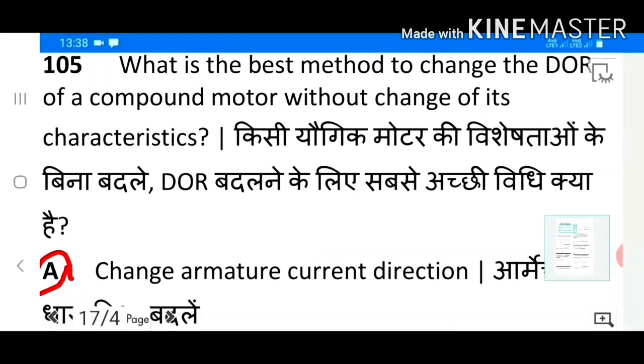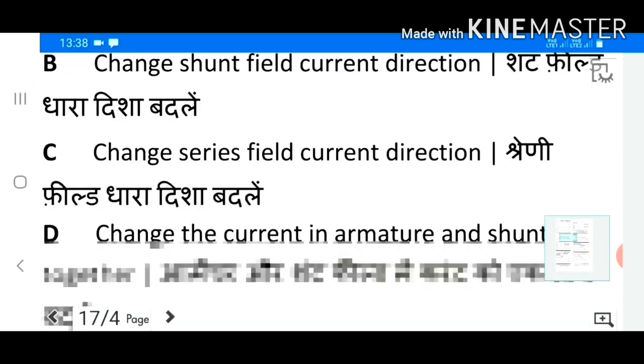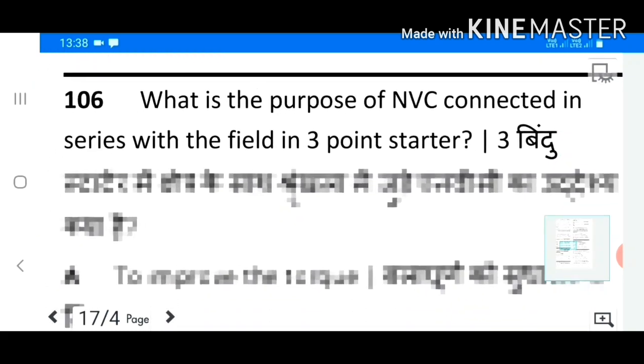105. What is the best method to change the direction of rotation of a compound motor without change of its characteristics? Answer. A. Change armature current direction. 106.